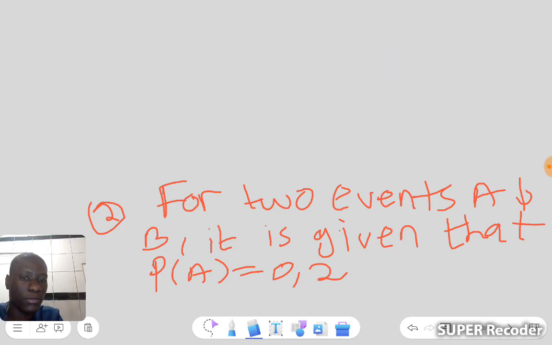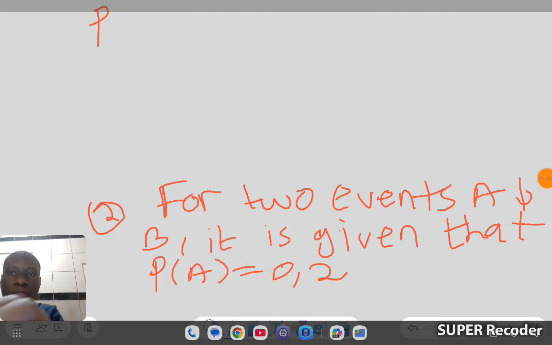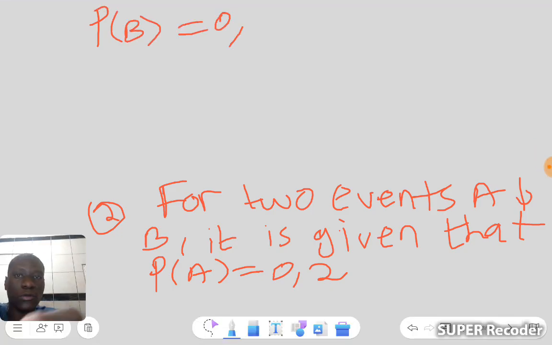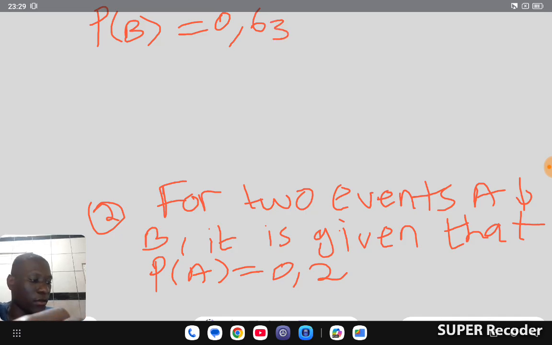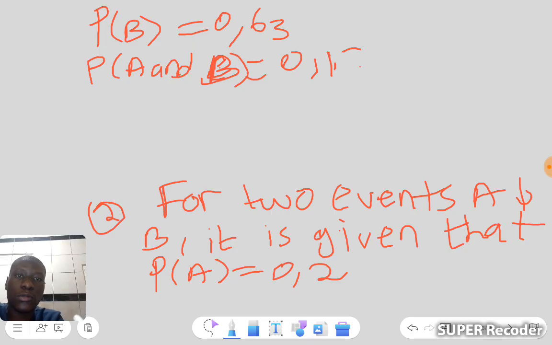So probability of A equals 0.2, then probability of B equals 0.63, right? Probability of A and B equals 0.126, right?